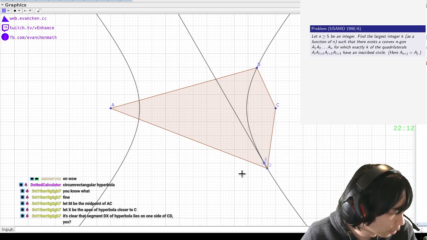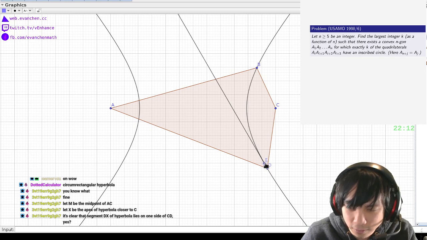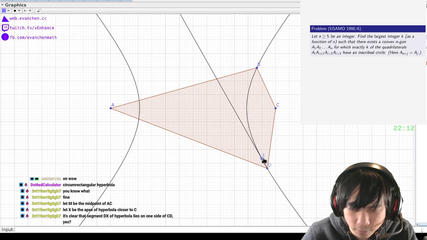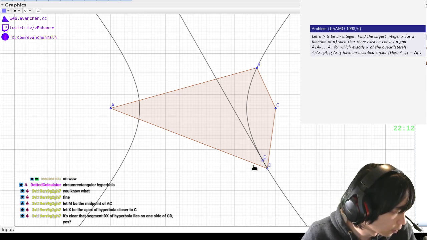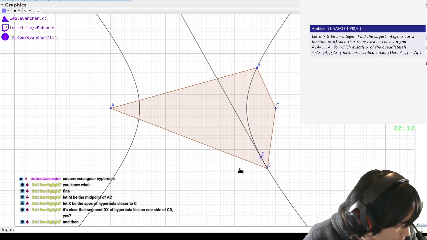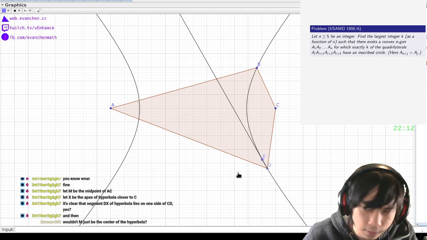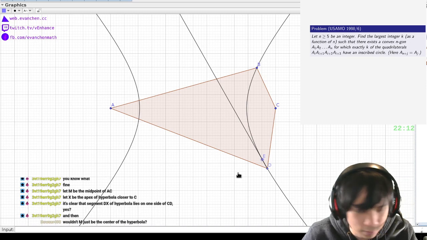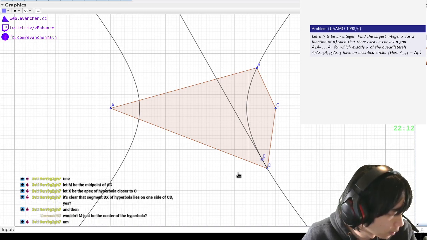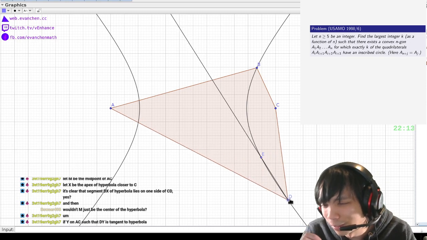It's clear that segment DX of the hyperbola lies on one side of CD, yes? Wait, what is that? Let X be the apex of the hyperbola. I mean, I think the argument is probably something like here.